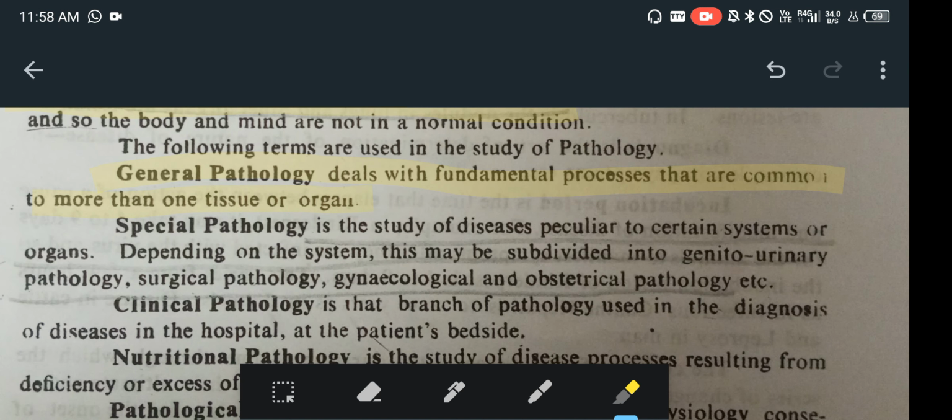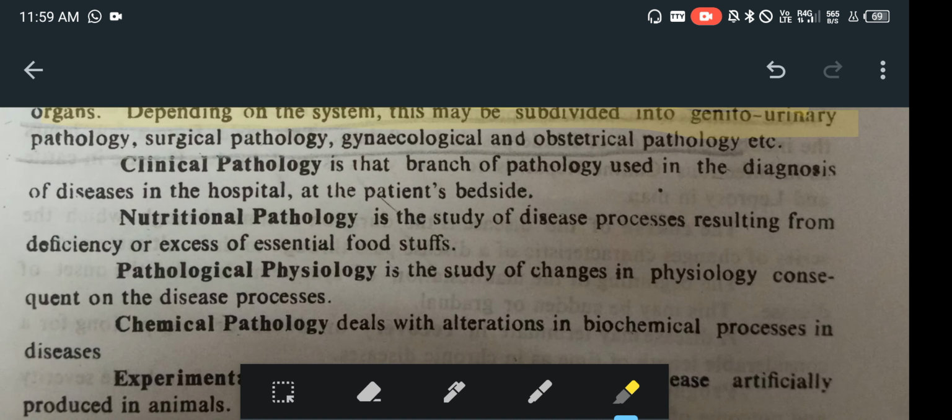Now special pathology is the study of diseases peculiar to certain systems of organs, depending upon the system, like the cardio system, the nervous system, or gynecological and obstetrical pathology, etc. Now clinical pathology is that branch of pathology used in the diagnosis of disease in the hospital, which we use for the diagnosis of a disease of a patient.